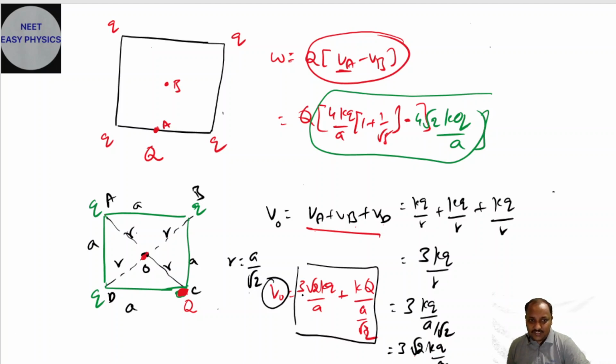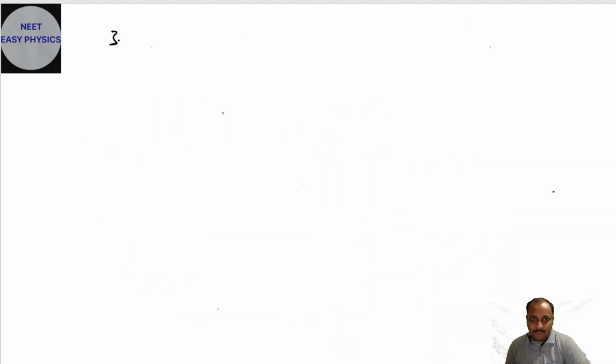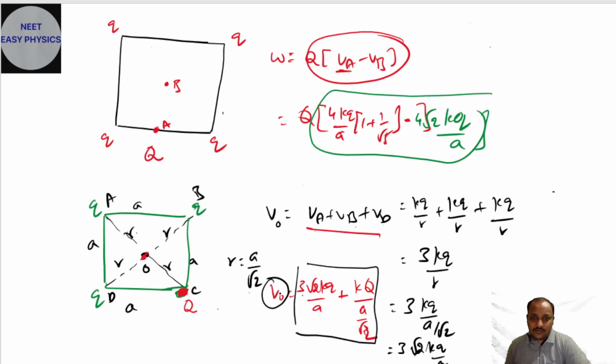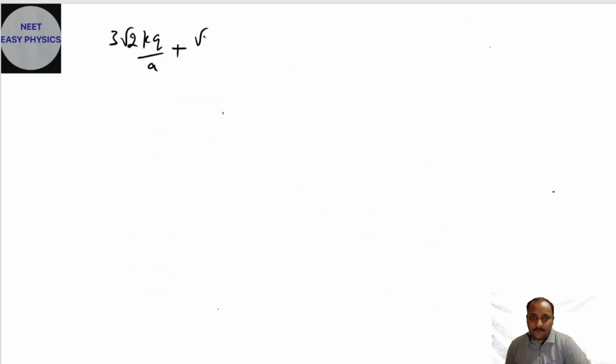So I am writing once again this equation: 3 root 2 kq by a plus, if this root 2 goes to the numerator, root 2 kQ by a should be equal to 0.